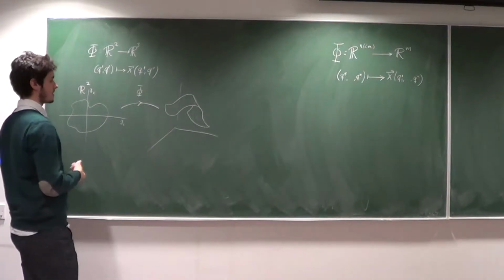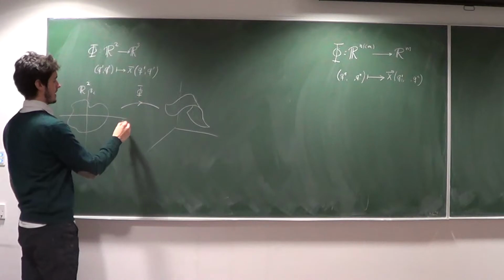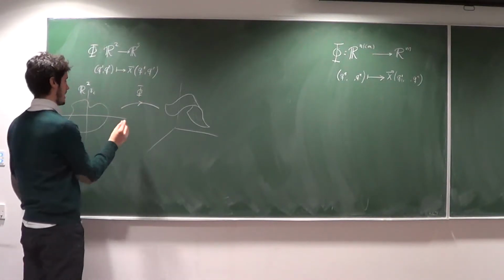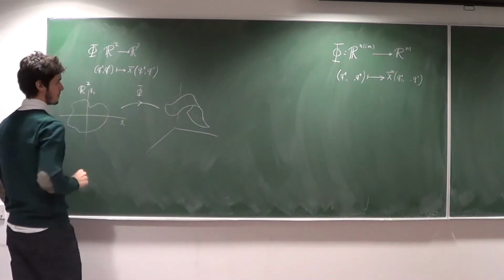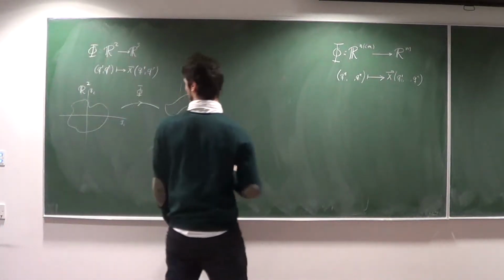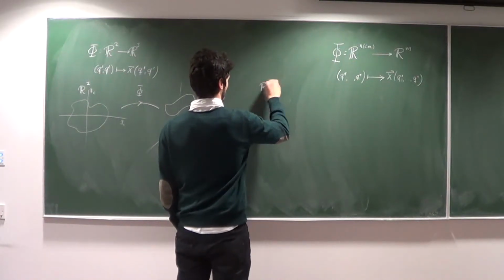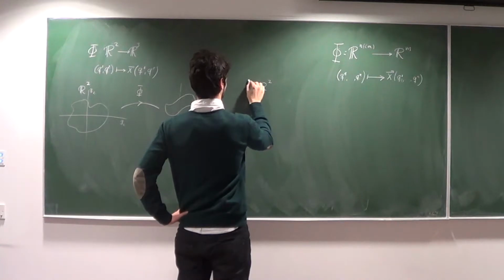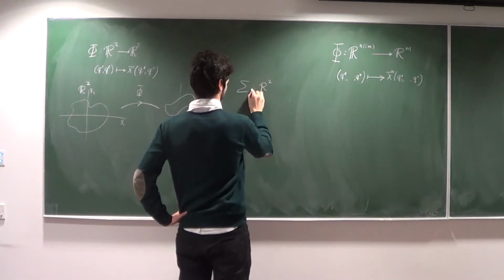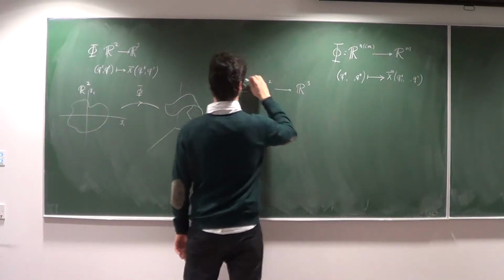For instance, if you think of spherical coordinates, you just plug here the angle phi, angle theta, and then you have an embedding. Let's make that example. That example is really useful for you to visualize what this actually means. So for the two-sphere, we have a map, let's call it sigma for sphere, maybe.